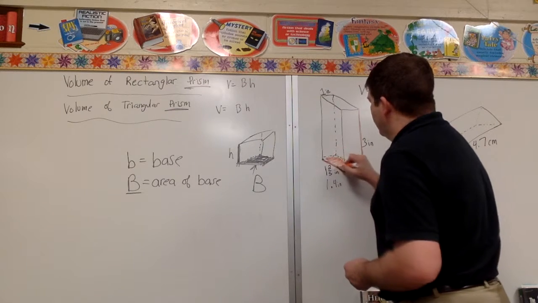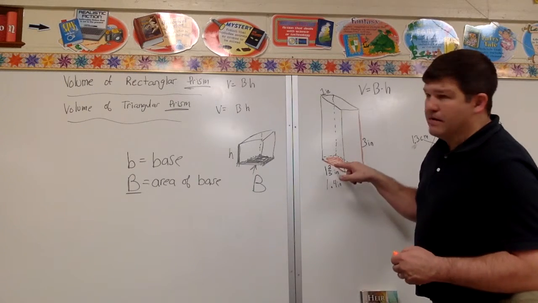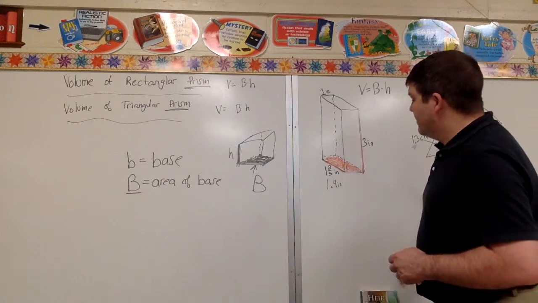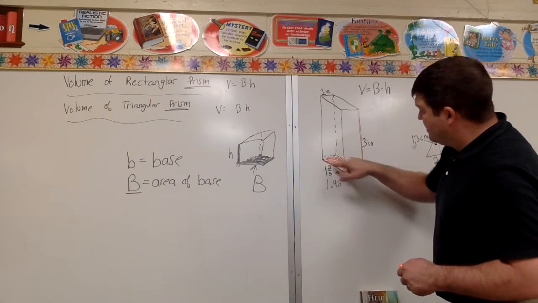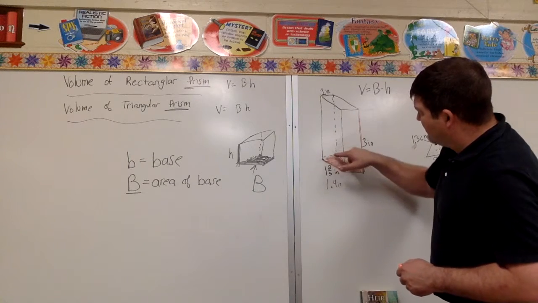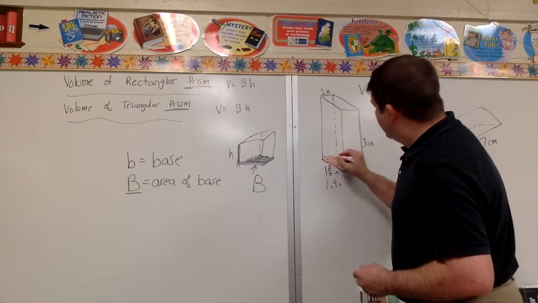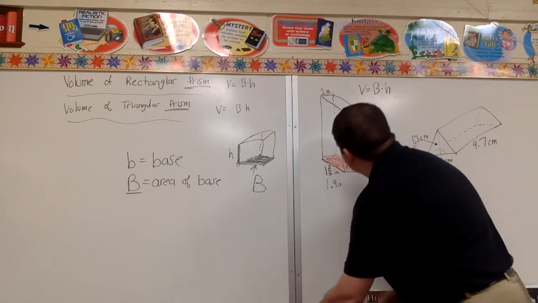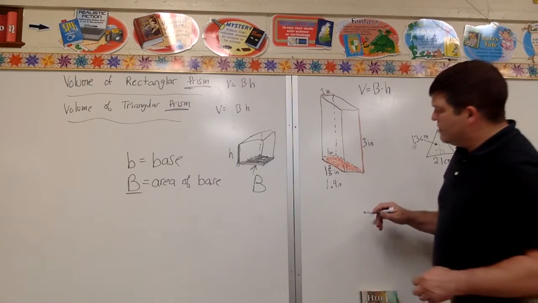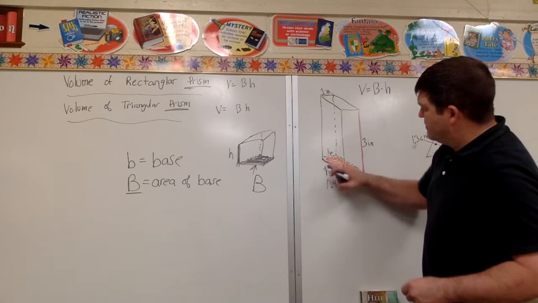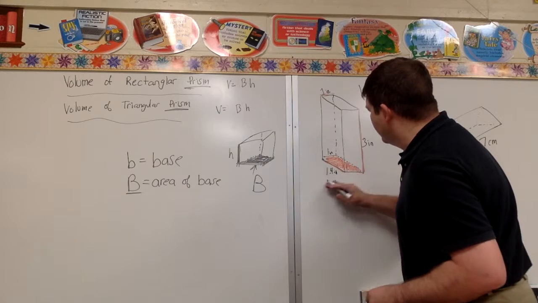Once I find the area of this, then I'll have my big B. And the way I find the area of this, it's a parallelogram. So I need this side times this side, or this side, okay? And if this right here is 1, then I know that this also is 1 inch. Okay, so I'll go with just the decimal, 1.4 inches.